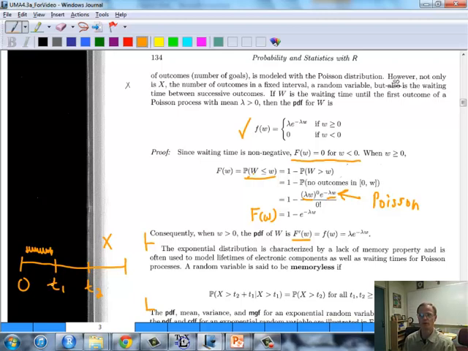So let's run through that again, using the notation. Probability that X is greater than t2 plus t1 given x is greater than t1 is equal to the probability that x is greater than t2.